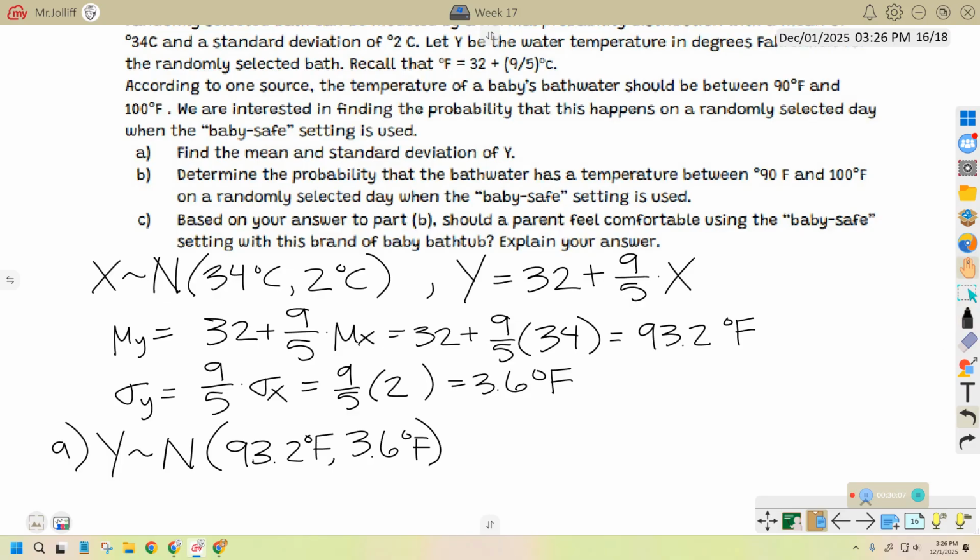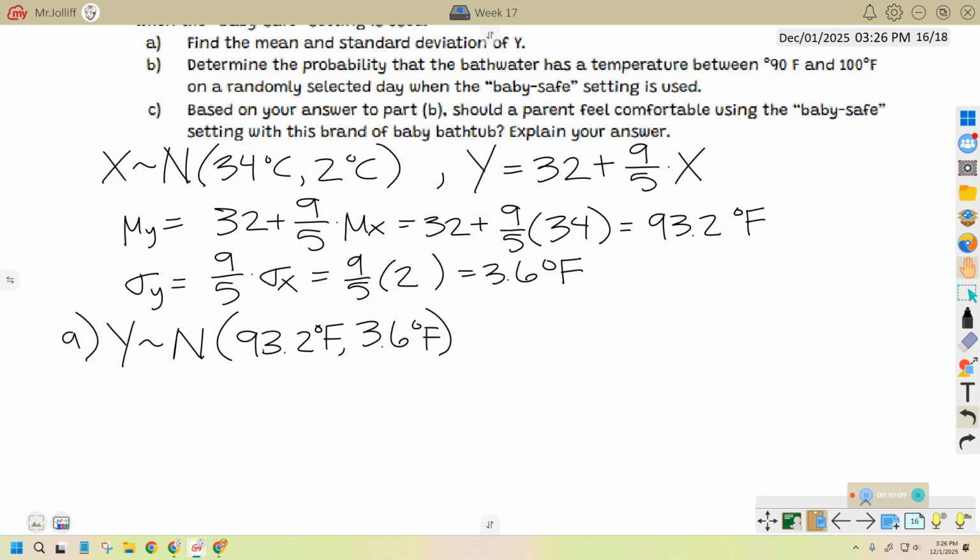Okay. So part B says determine the probability that the bath water has a temperature between 90 and 100 degrees Fahrenheit on a randomly selected day when baby safe setting is used. So B says find the probability that I'm between 90 and 100.